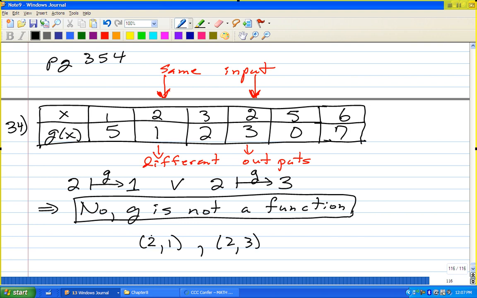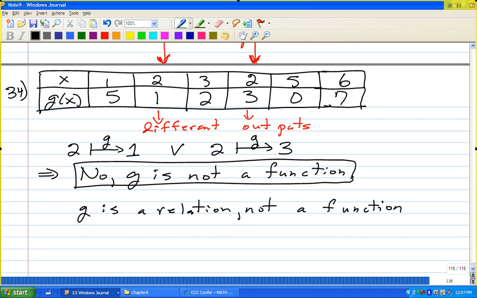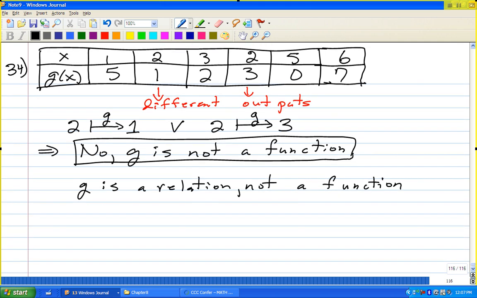And so therefore, you have the same x coordinate for two differing values. It's a relation, but this is not a function. So G is a relation, not a function. It's a set of ordered pairs, but it is not a function because for the input 2, you get two differing outputs, 1 or 3.